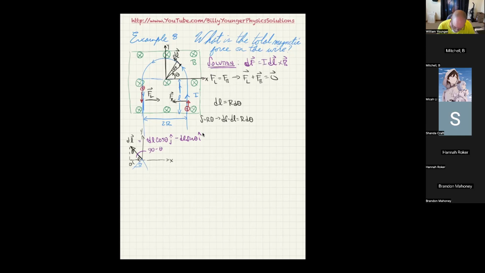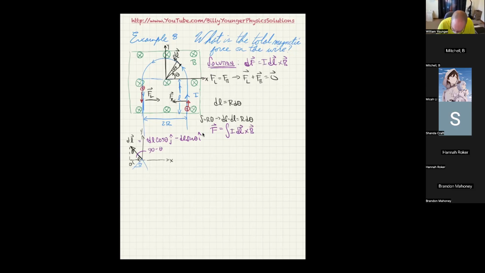Now that I have dl, I can go ahead and say F, the vector, is equal to the integral of I dl cross B. Okay, so we've got to actually compute that part.